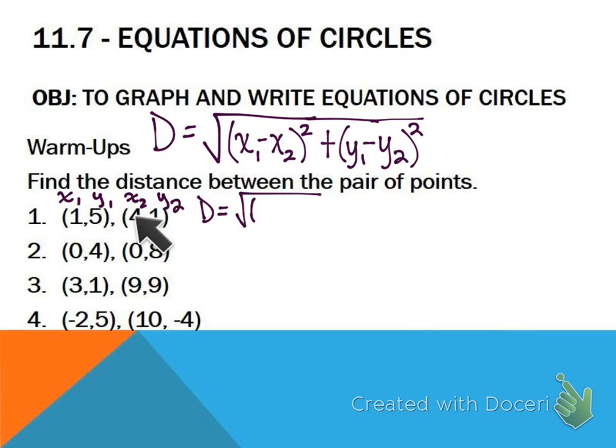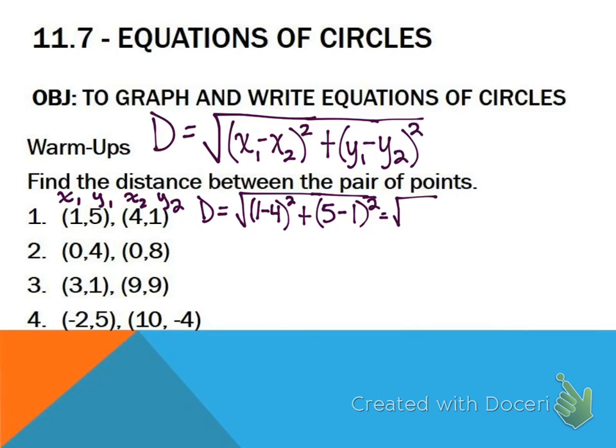if you want to do 1 minus 4 you can, or you can do 4 minus 1, but you just have to be consistent. So the way I have it set up, I would write 1 minus 4 squared plus, because I started with 1 in my first set of parentheses, I have to start from that same point. So I have to start with the 5 minus my other y, a 1, quantity squared. If I take 1 minus 4, what do I get? -3.